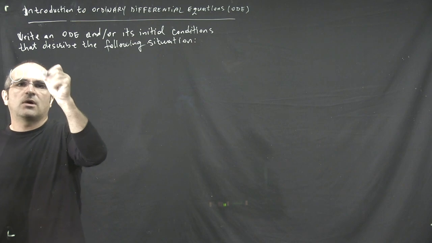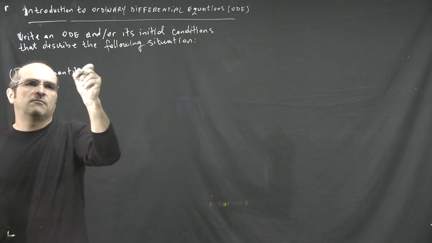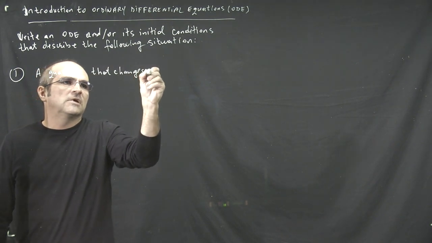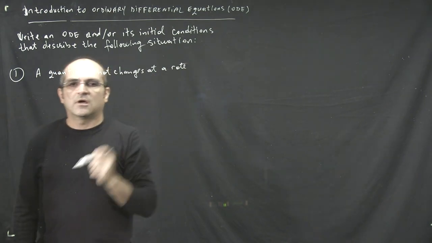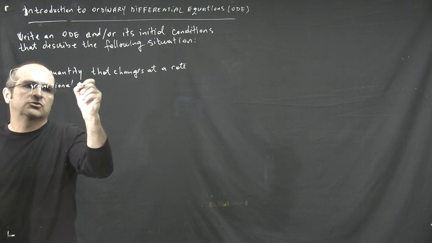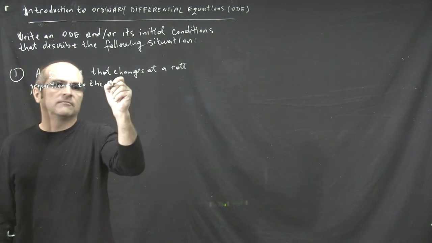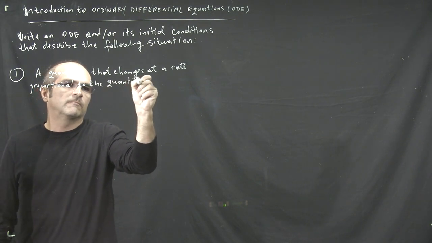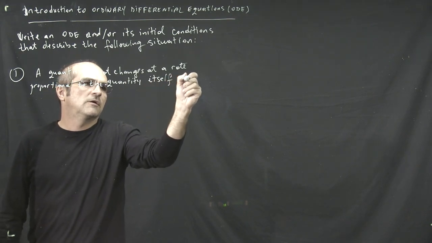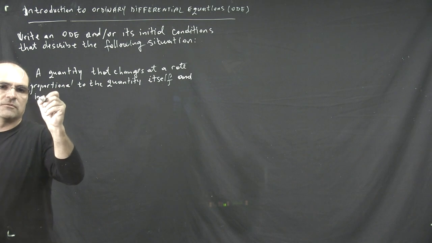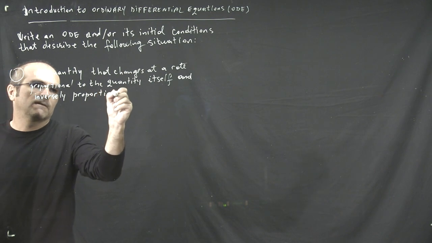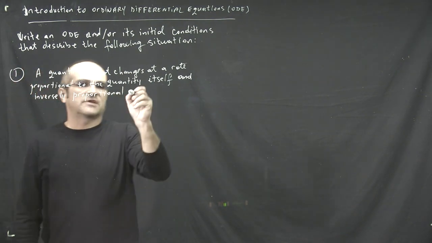Let's say you have a quantity that changes at a rate proportional to the quantity itself, and let's say inversely proportional to the square root of time.